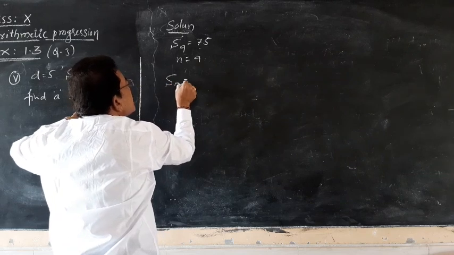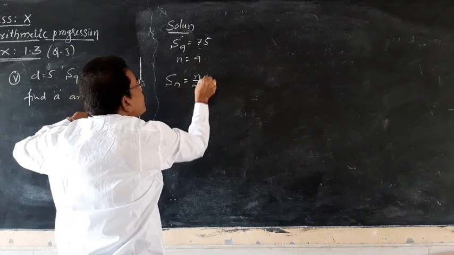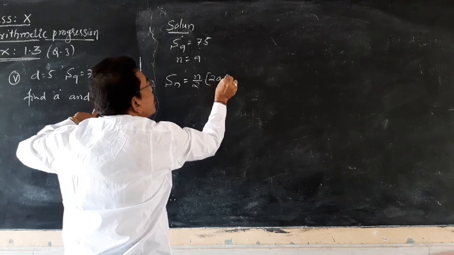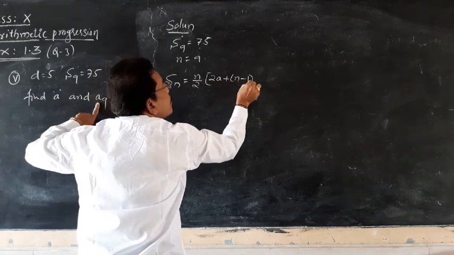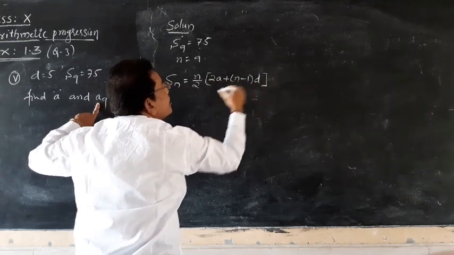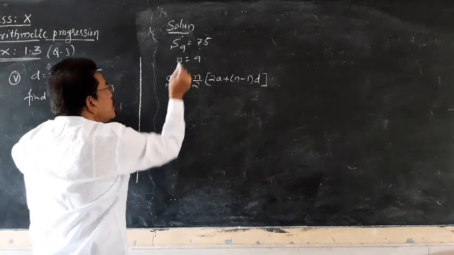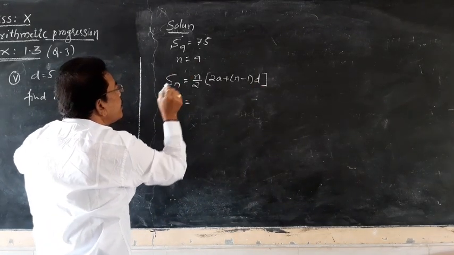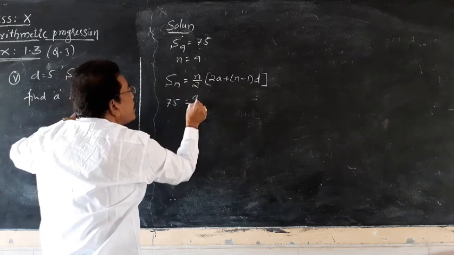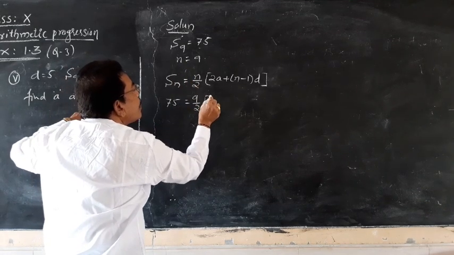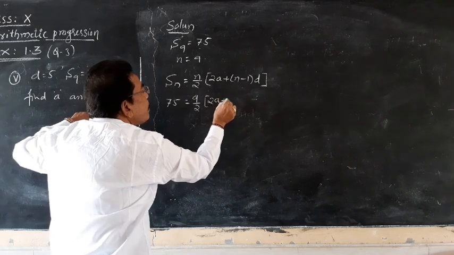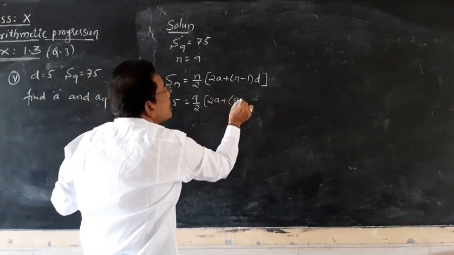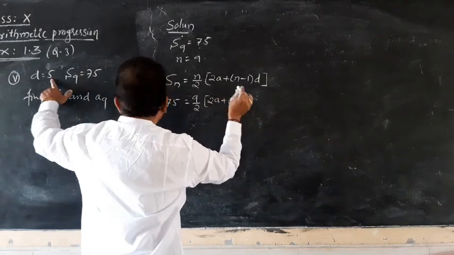So Sn equals n by 2 in the big bracket, 2a plus (n minus 1) into d. Sn they have given 75, that is n by 2, 2a plus (9 minus 1) into d, they have given 5.